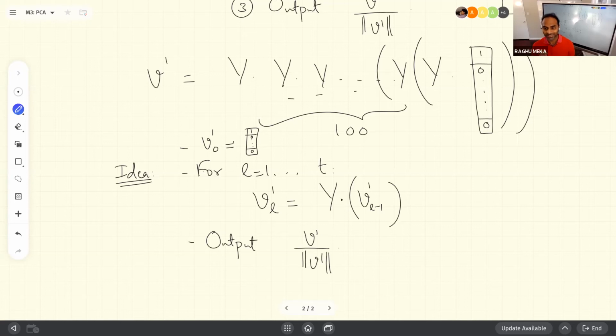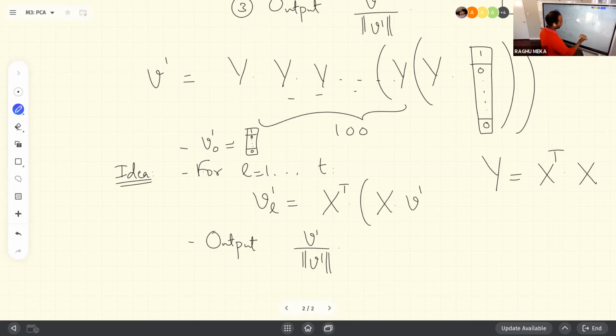Although there is one catch, right? So what was y? Y was x transpose x. Do I even have to compute y for this algorithm? No, I can use the same trick again, right? That's it.